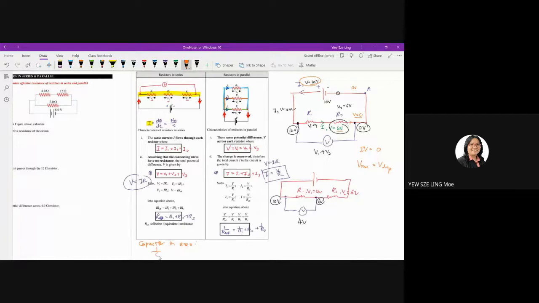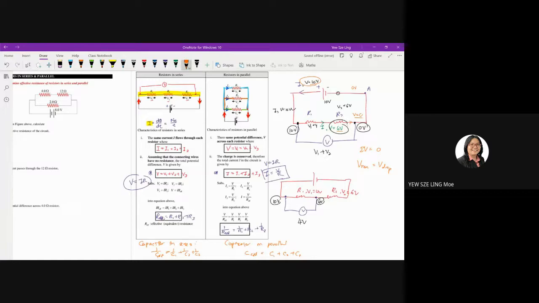It is 1 over C effective equals 1 over C1 plus 1 over C2 plus 1 over C3. Whereas if you have capacitors in parallel, the equation is C effective equals C1 plus C2 plus C3. So it's the opposite of resistors.